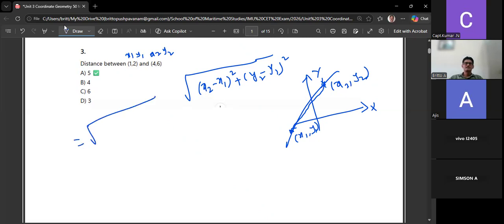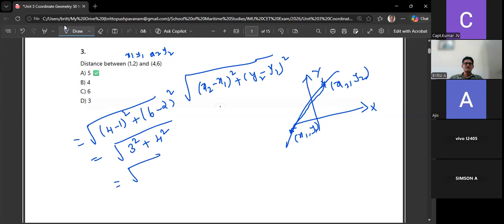So x2 is here 4 minus x1 is 1 the whole square plus then y2 is here 6 minus y1 is 2 the whole square. So which is equal to square root of 3 square plus 4 square, which is equal to square root of 3 squared is what? 9 plus 4 squared is 16.